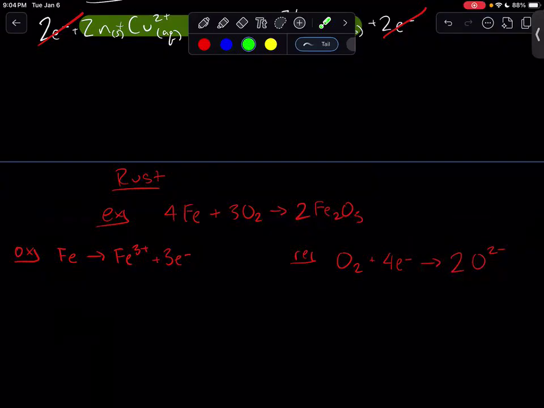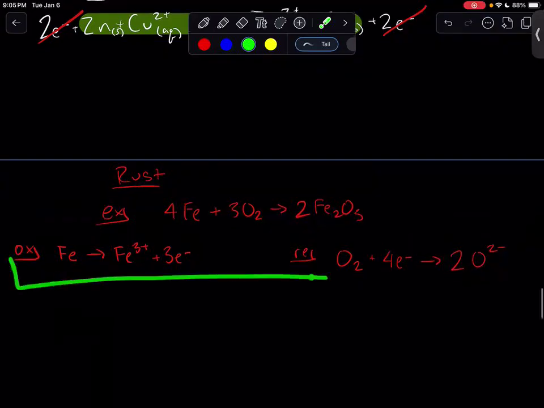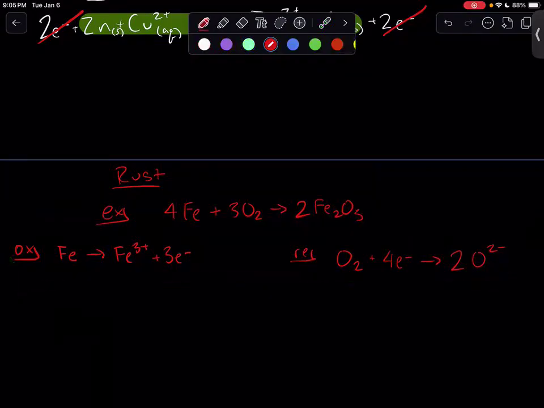Now, if I combine these two reactions, I unfortunately will still have electrons in my reaction. So when I add them up, I get Fe plus O₂ plus 4 electrons reacts to form Fe³⁺ plus 2 O²⁻ plus 3 electrons.